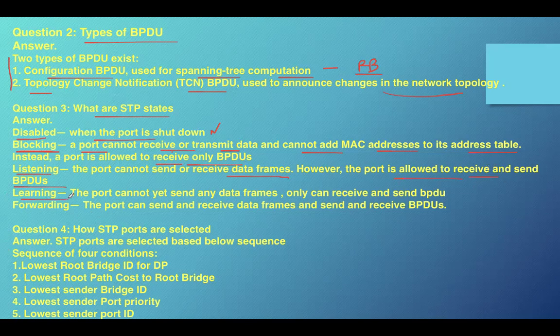In learning state, the port cannot yet send any data frames, only receive and send BPDUs, and this is the state where the learning happens, as in who should be the root bridge, who should be the non-root bridge, and what the port roles would be. And after the decision is made, finally the port would be in forwarding state, meaning the port can send and receive data frames and send and receive BPDUs. Right? That's the answer to this question.